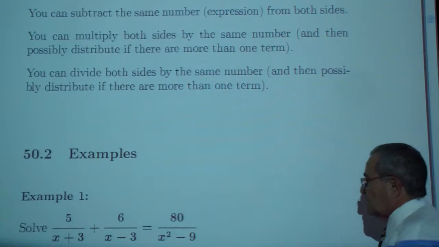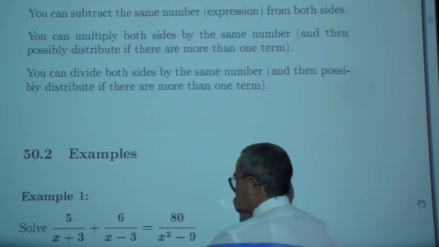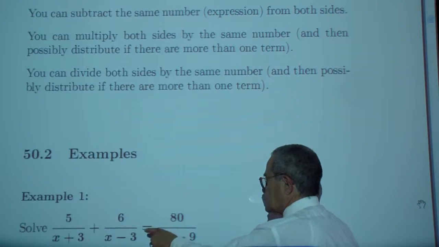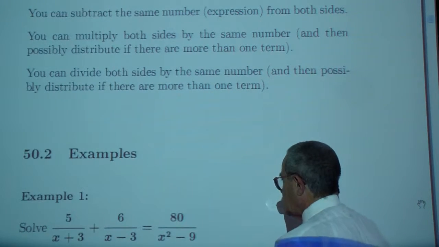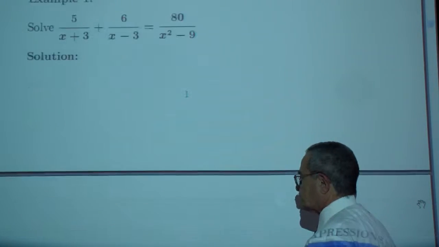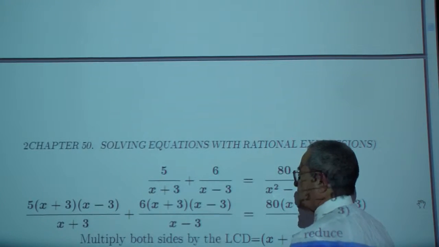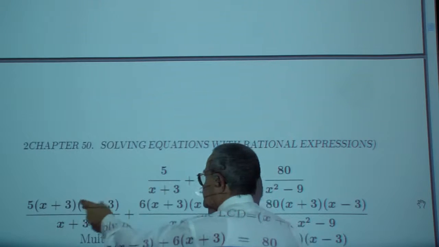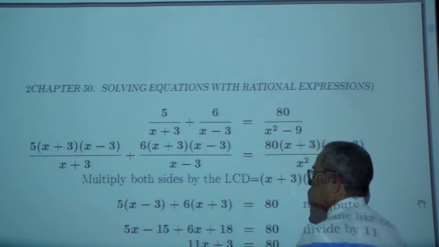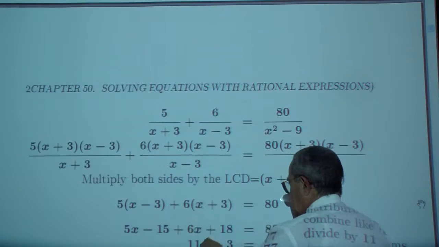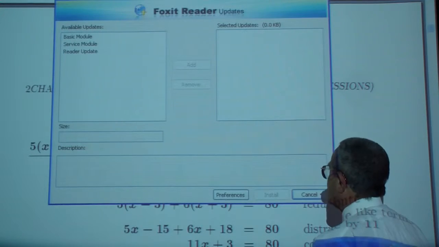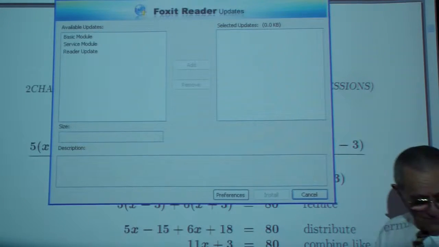As an example, suppose you wanted to solve 5 over x plus 3 plus 6 over x minus 3, which is equal to 80. You could multiply by the least common denominator, which is x plus 3 times x minus 3. You get rid of the fractions. You distribute and so on.